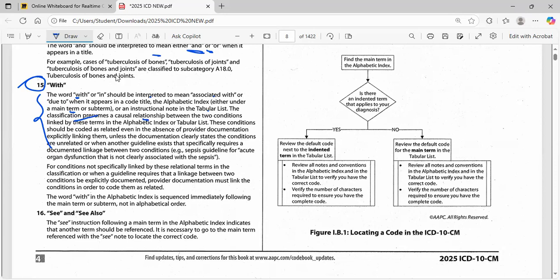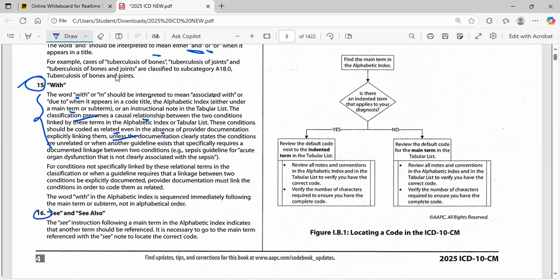That means if the linkage is not documented, in those cases we have to presume the causal relationship between these two, and code them as related even in the absence of documentation, unless documentation clearly states that these two conditions are unrelated to each other.